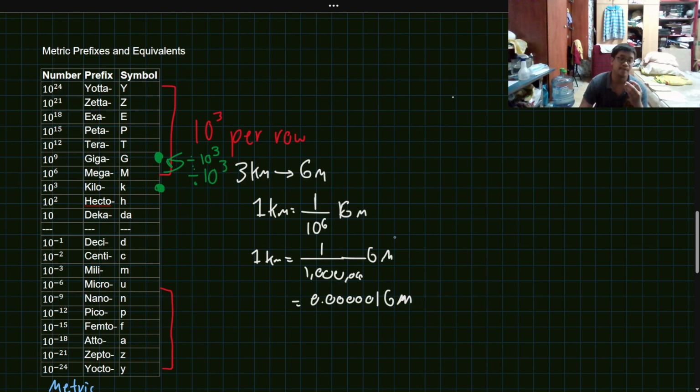So we will apply dimensional analysis, if you remember. Because we have 1 kilometer is equivalent to 0.0000001 gigameter, that means you have two fractions.